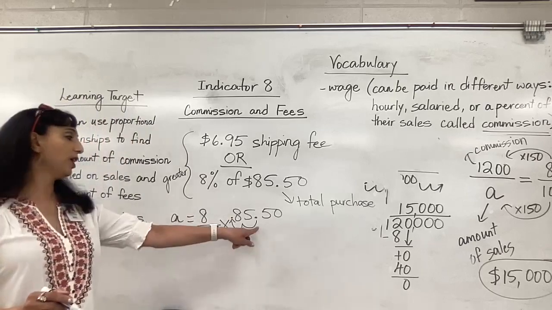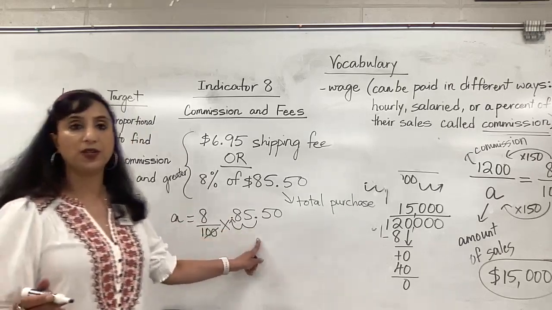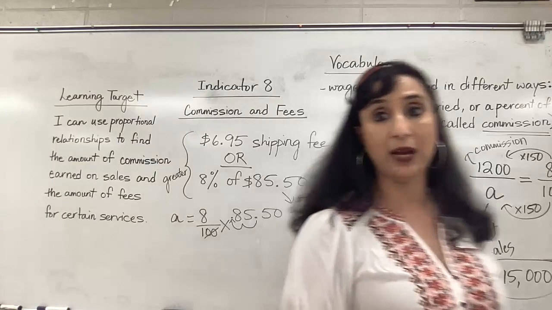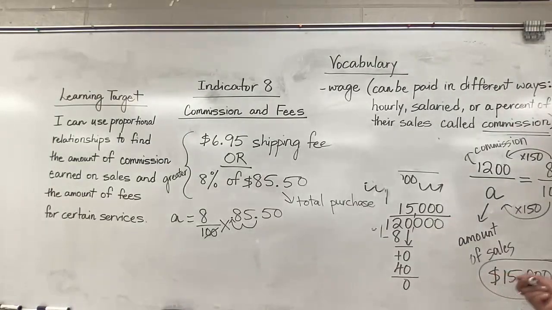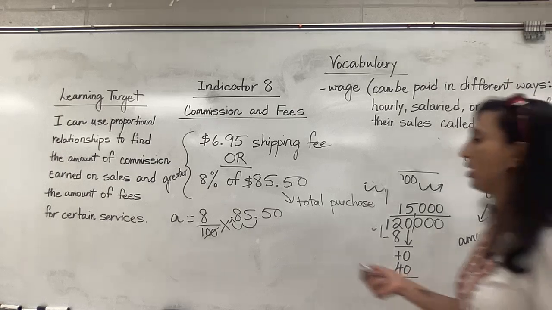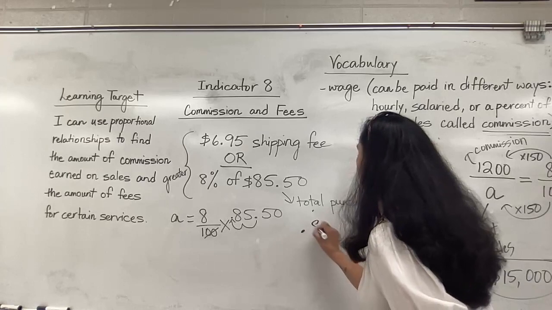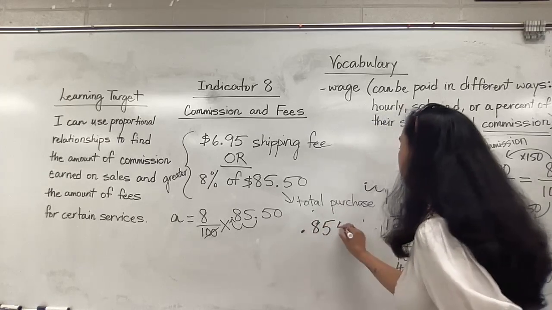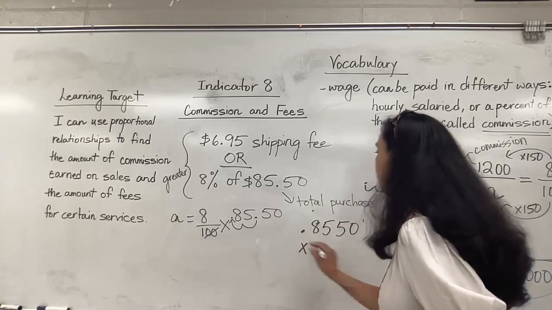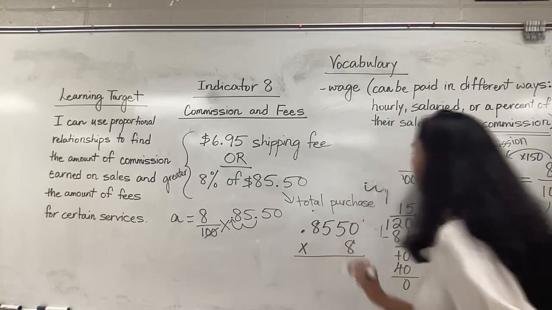I choose to move it here because it's going to be easier for me to do calculations when multiplying. If you choose to do it times 800, that'll work also. But anyway, this value times 8.